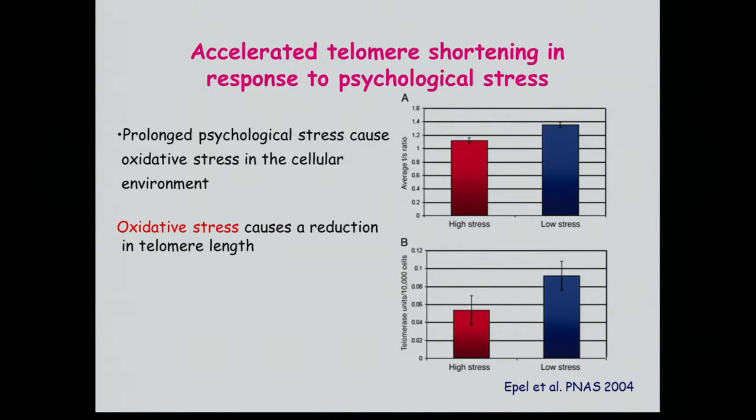So the teleology behind this is quite simple, because if telomeres really get shortened with age, and people that are stressed look older, right? White hair, and you don't sleep, and so on. And so it makes sense, right?